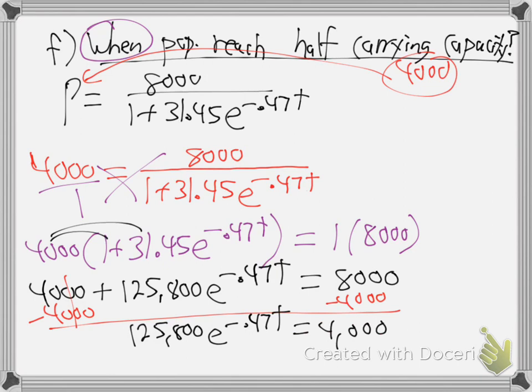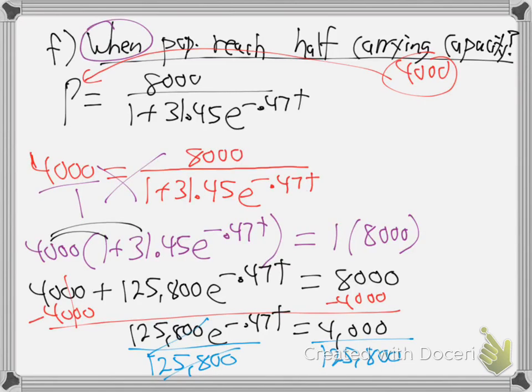And then we divide by that 125,800. Boom, boom. We're almost there. I'm going to go to a fresh screen, if you're okay to there. Everybody getting that copied down okay?